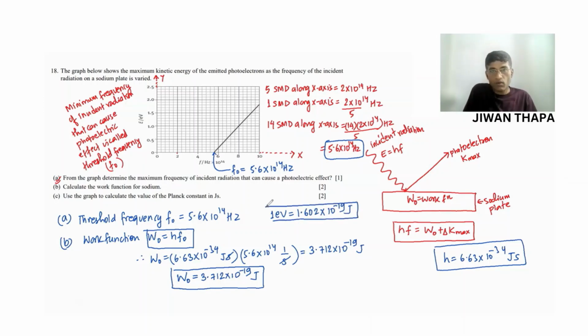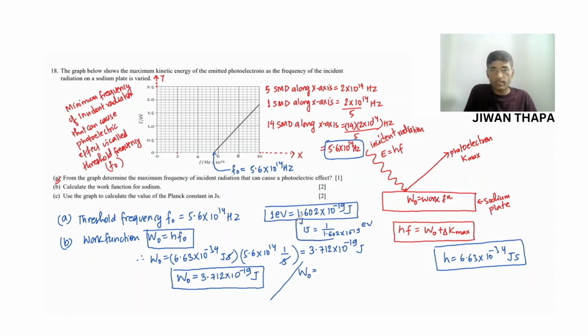So let us convert work function into electron volt. Okay, so what we do, W naught, and we know 1 joule. Okay, from this equation we know 1 joule is 1 by 1.602 into 10 to the power minus 19 electron volt.